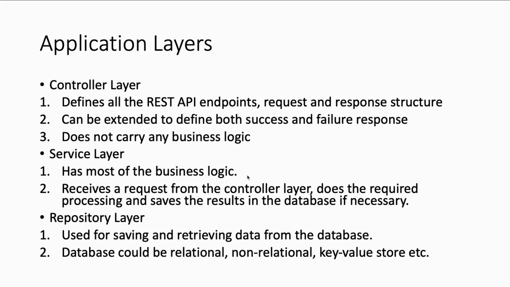The response type could be XML or JSON or any other format, which we will look at at a later point in time. But basically, a REST endpoint is a contract between a client and a service.